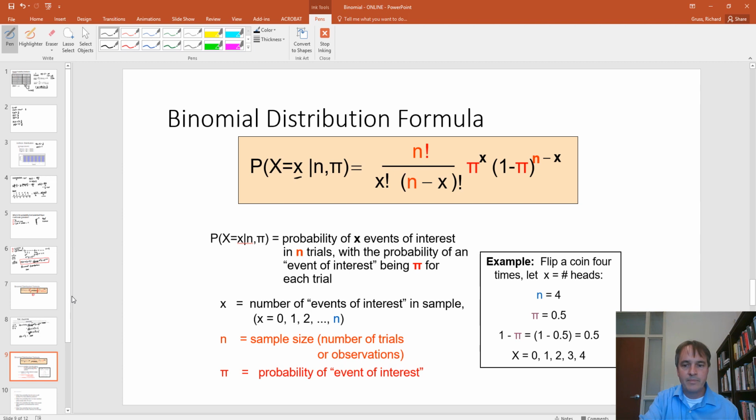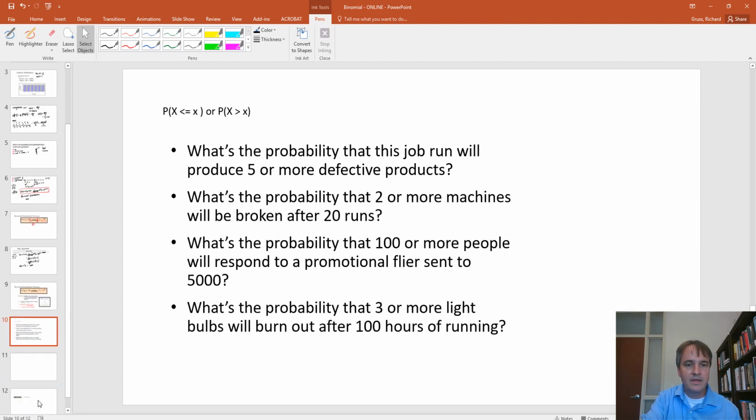Okay, but if we think about what we generally do in the real world, then we're not always necessarily interested in the probability that x is going to be exactly some particular value. We're more interested in whether x is going to be less than or equal to a certain value or greater than a certain value.